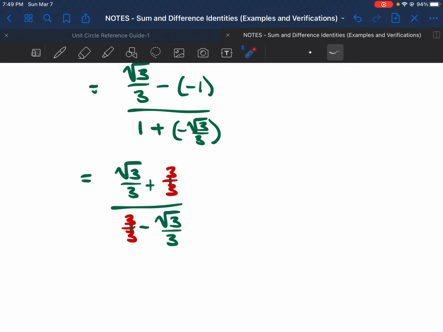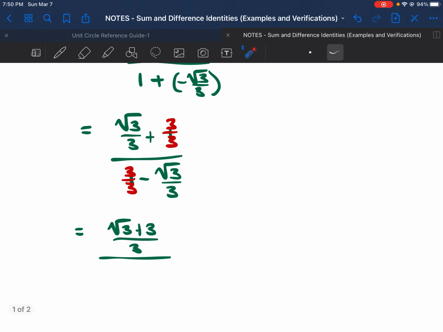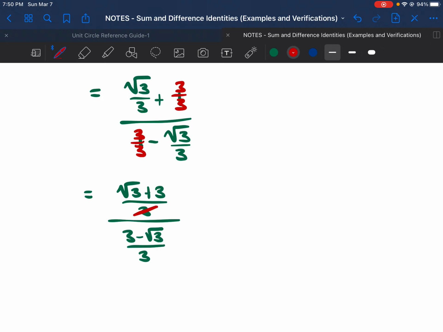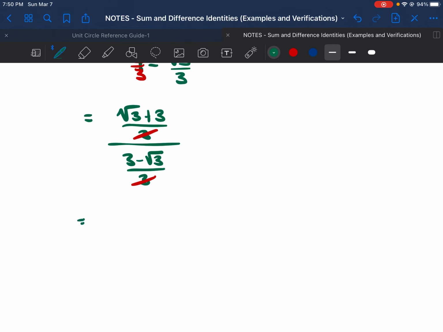Now this is going to give us square root of 3 plus 3 over 3 in the numerator. And in the denominator, we're going to get 3 minus square root of 3 over 3. Okay, well, we can see that they both have denominators of 3 in each of those fractions. They're going to cancel out, and that's going to leave us with square root of 3 plus 3 over 3 minus square root of 3.